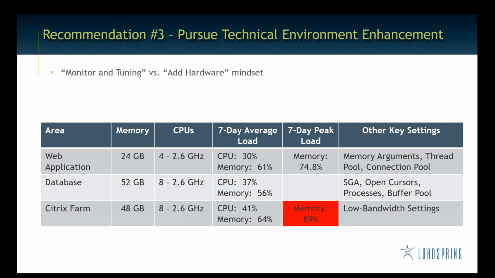You do want to monitor it. We do monitor, and you'll see here that under the Citrix Farm, the memory is at 89%. That's a red flag for us. Whenever we see that monitor alert going off, we right away start to think, uh-oh, we are starting to reach capacity. It's time to add a new Citrix server to the Citrix Farm. That can distribute the load and start to lower the memory 7-day peak loads that we're starting to see.